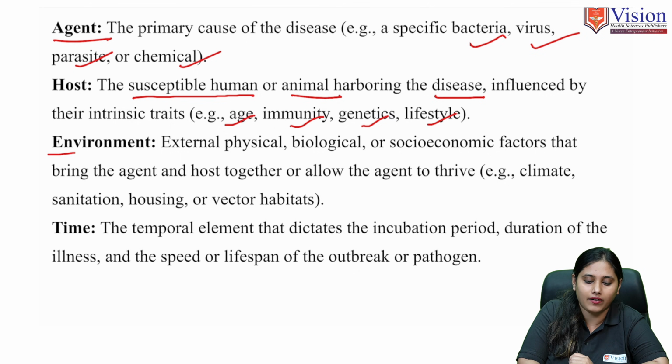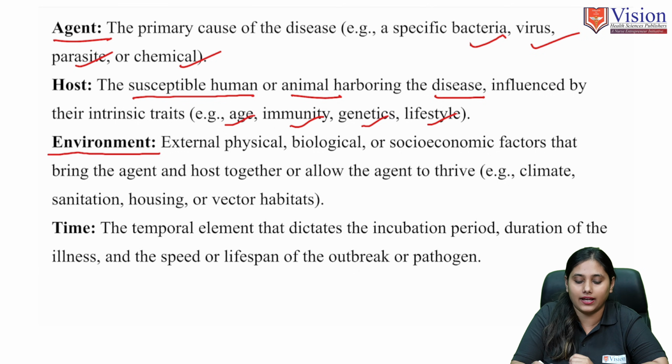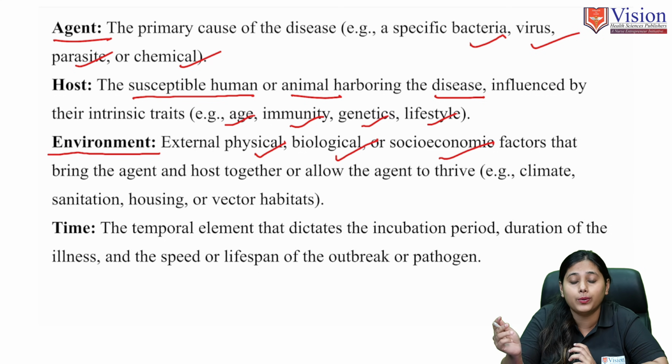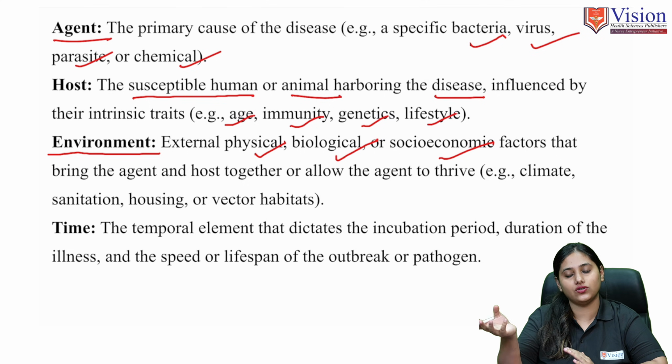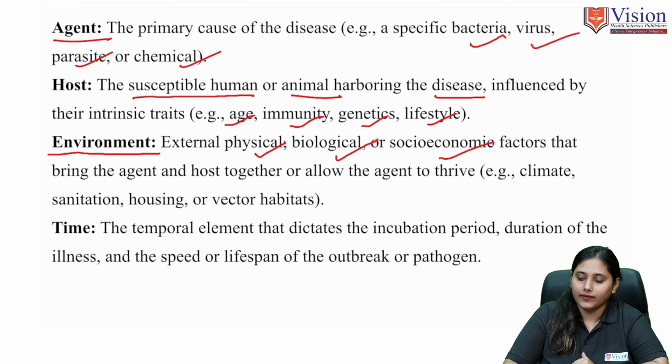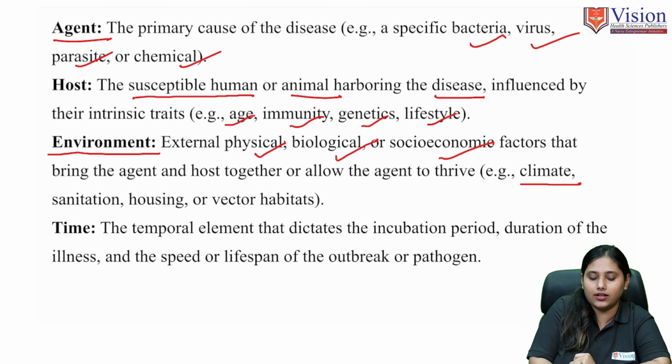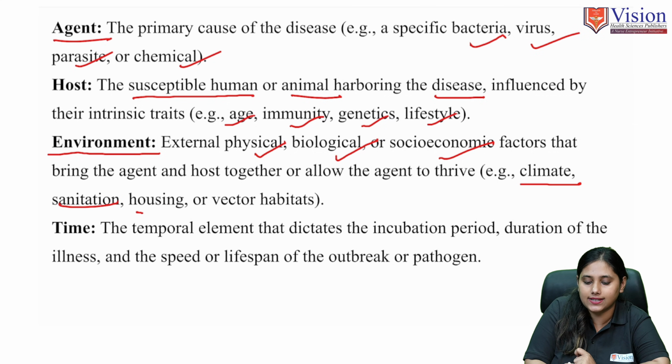The third is the environment. Environment can be the external things, like physical, biological, or socioeconomic factors, which bring the agent and host together and allow the agent to thrive. It includes climate, sanitation, housing and vector habitats.